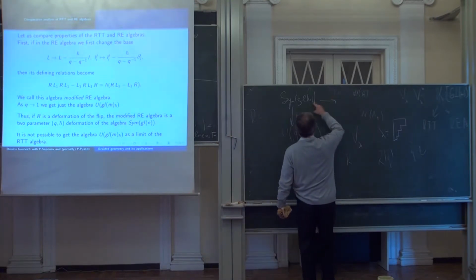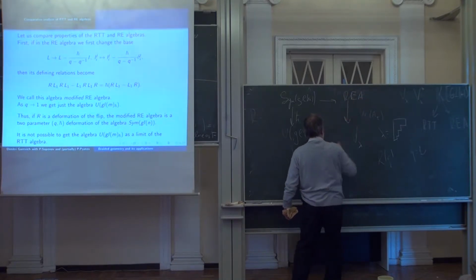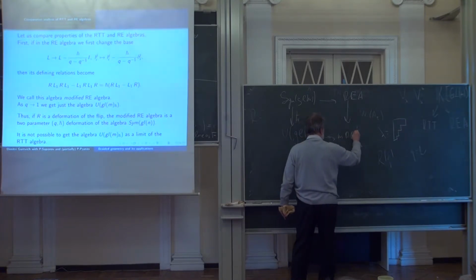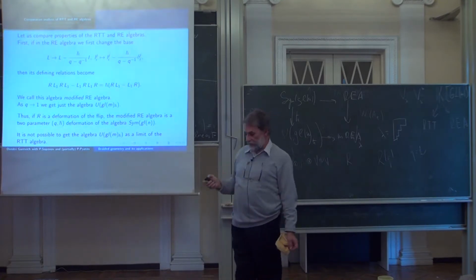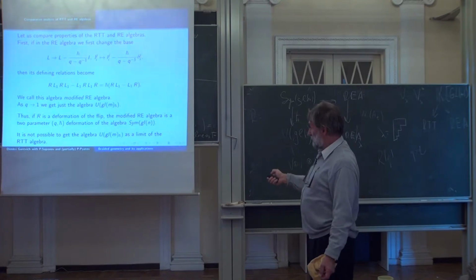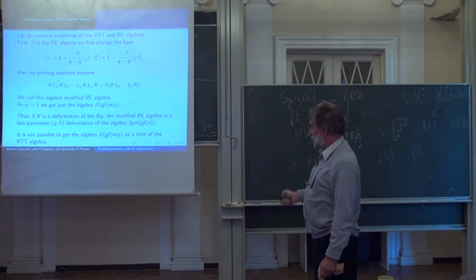We have a deformation here, which is just a reflection equation algebra. And if we deform in two directions simultaneously, we have the modified reflection equation algebra. I call this algebra the modified reflection algebra, in spite of the fact that it is the same algebra. We get this algebra after the change of the basis.